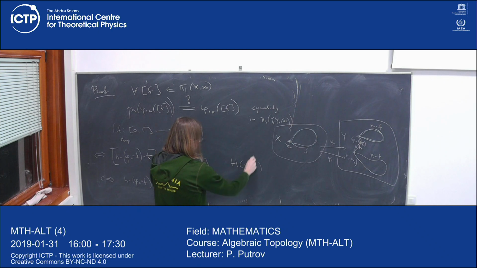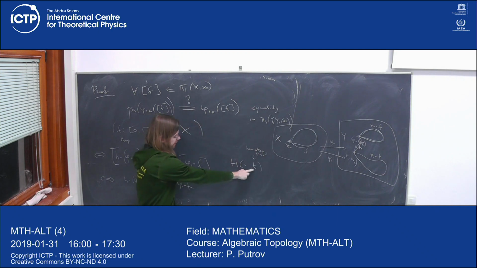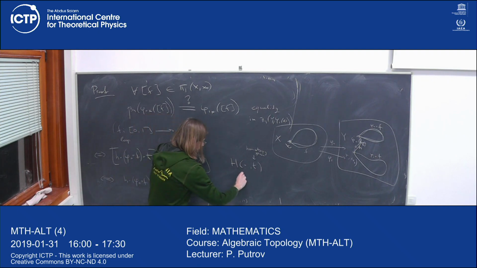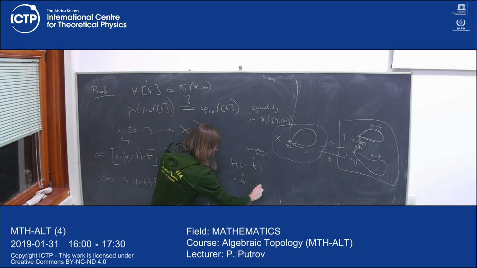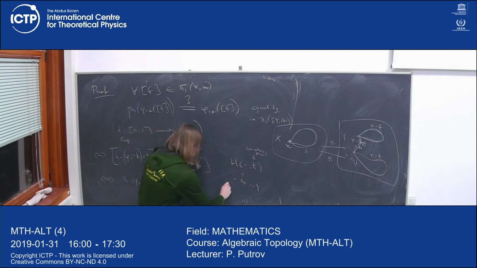Let t be the homotopy parameter, and for this fixed parameter I want to consider a loop in Y with base point phi 1.